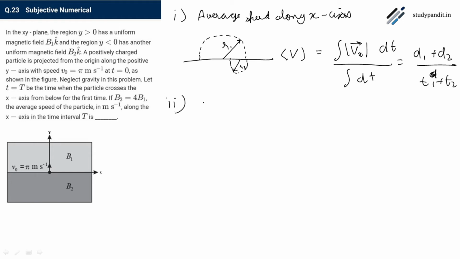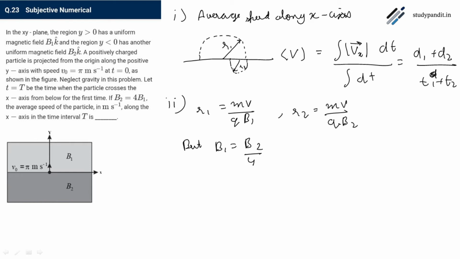Now, secondly, R1 equals mv by qB1 and R2 equals mv by qB2 from the radius formula, but B1 equals B2 by 4 as it's given here.